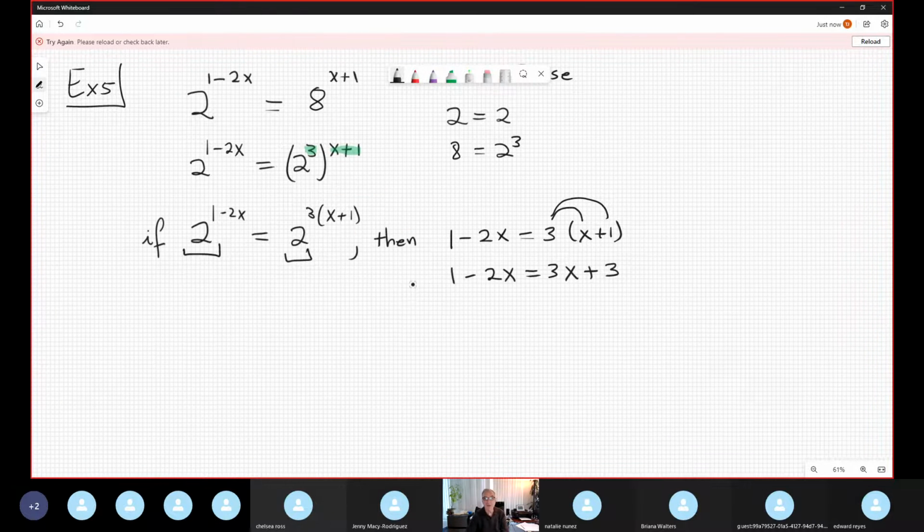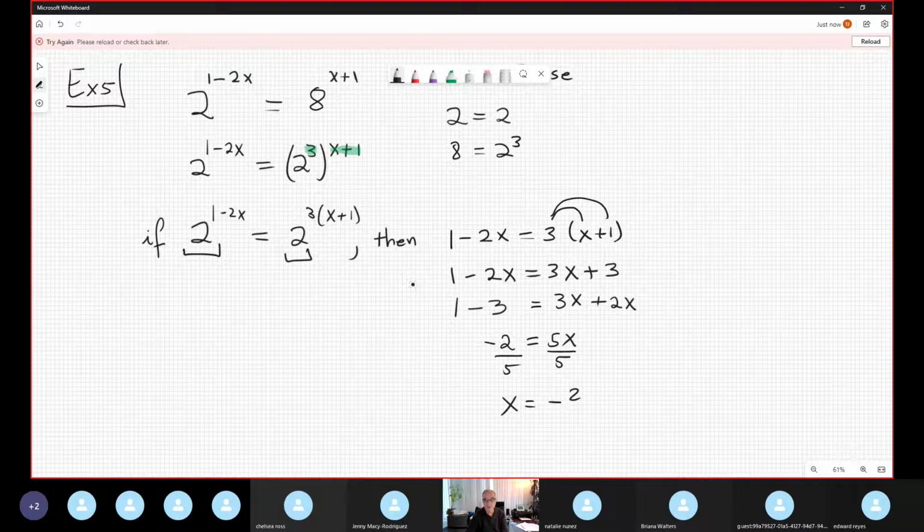However, I prefer to take the positive one, get 3x, move the minus 2x to the other side like a plus 2x. This one stays here, minus 3. This is negative 2. And this is 5x. Finally, divide by 5 both sides. x alone is negative 2/5.